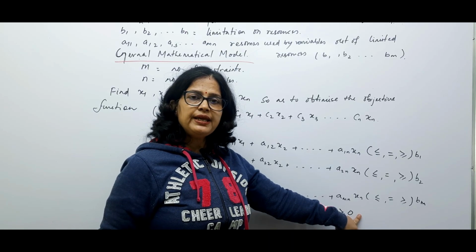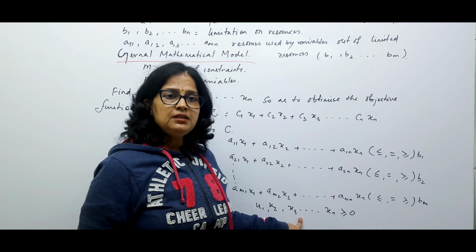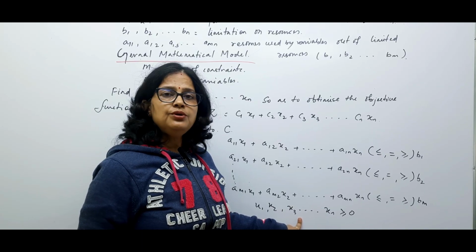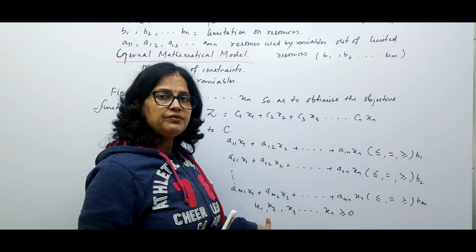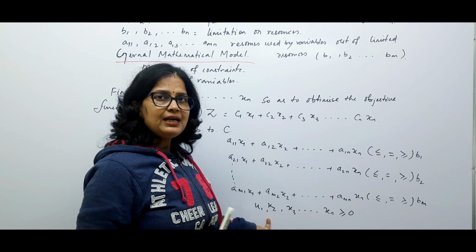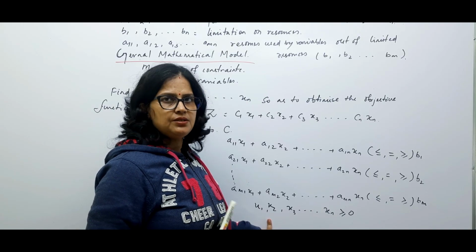These are called non-negativity restrictions. This cannot be 0 or negative, because we are producing or manufacturing something, so it can never be 0.